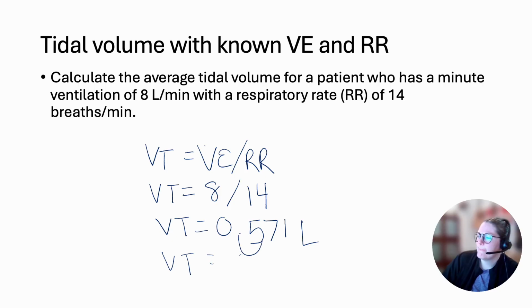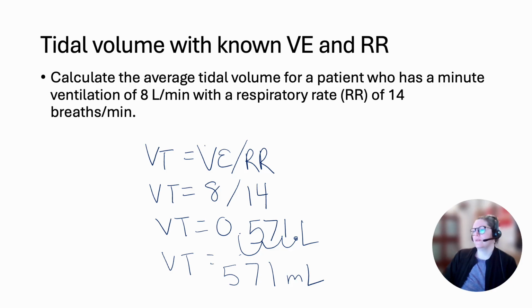You do that by moving the decimal over 3 places. 571 milliliters. Now for this equation, it's most likely being used for a patient that is on pressure control ventilation. So you have the respiratory rate and you have the minute ventilation, but you don't have the tidal volume.